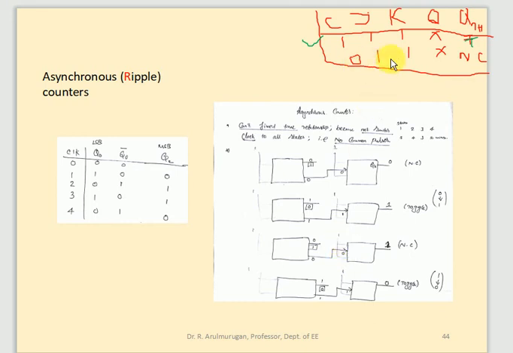What is that? No change, the same 1. Repeat. Now the clock input is 1, JK also 1. So 1 1 means toggle. 1 is shifted into the 0. So see, 0 1 1 0 0 1 1 0, over.